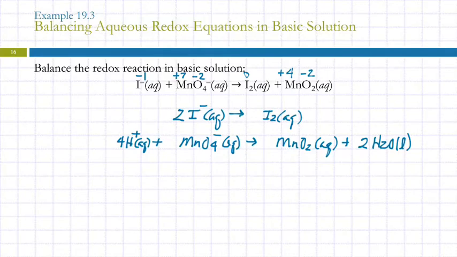I got 4 hydrogen ions, so I'm going to add 4 hydroxide ions on that side and 4 hydroxide ions on this side. Four hydroxide ions and 4 hydrogen ions become what? 4 water molecules.